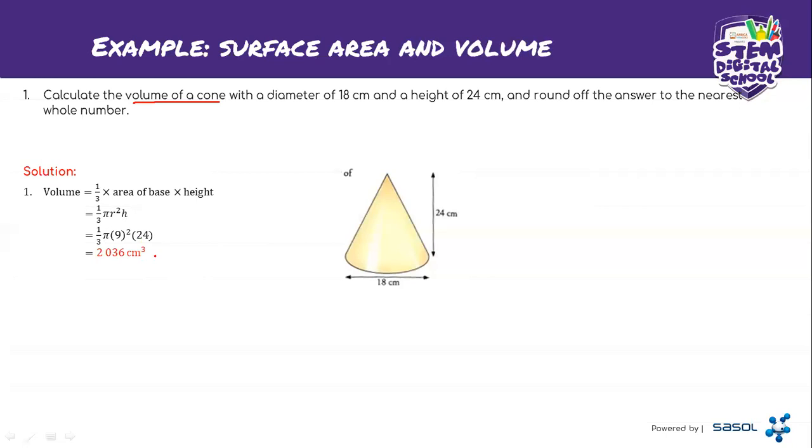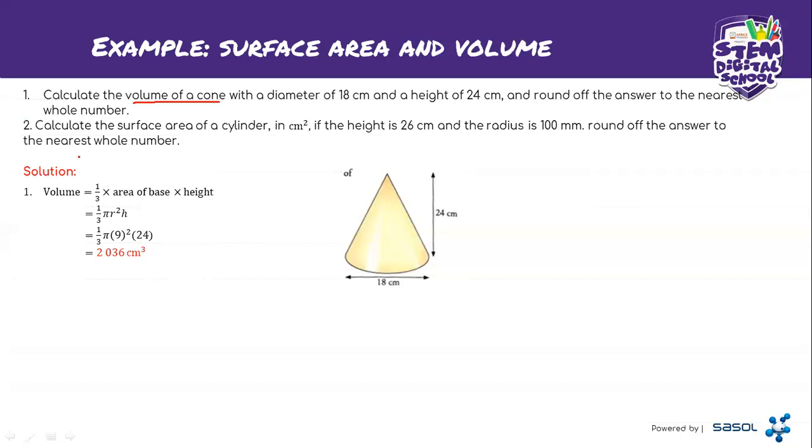The next question, which says calculate the surface area of a cylinder in centimeter squared, meaning after you have calculated the surface area, it must be in a unit of centimeter squared.